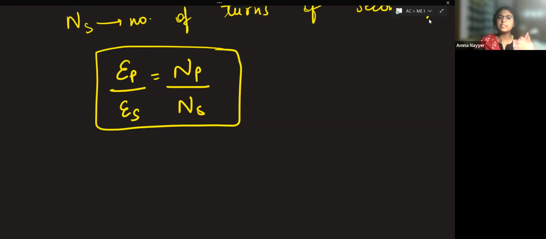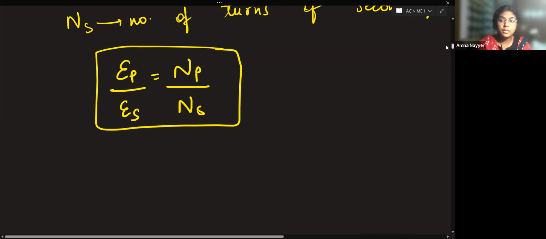How have I done this? E is equal to minus NP d phi over dt and ES is equal to minus NS d phi over dt. D phi over dt, d phi over dt and the minus get cancelled. You get this formula, right? This formula is just given by the ratio of both these quantities.